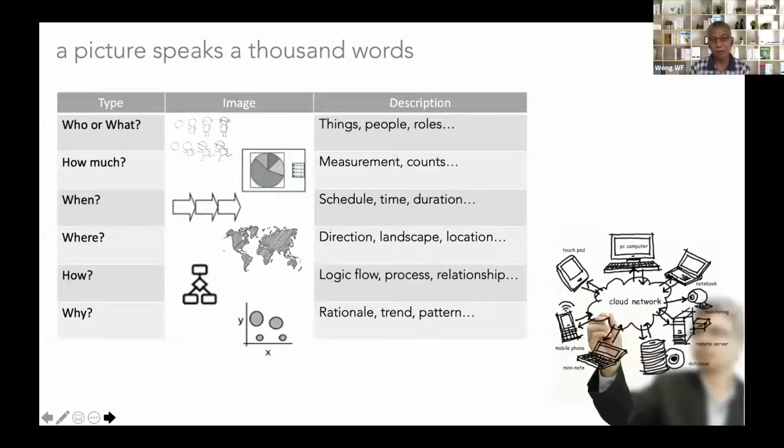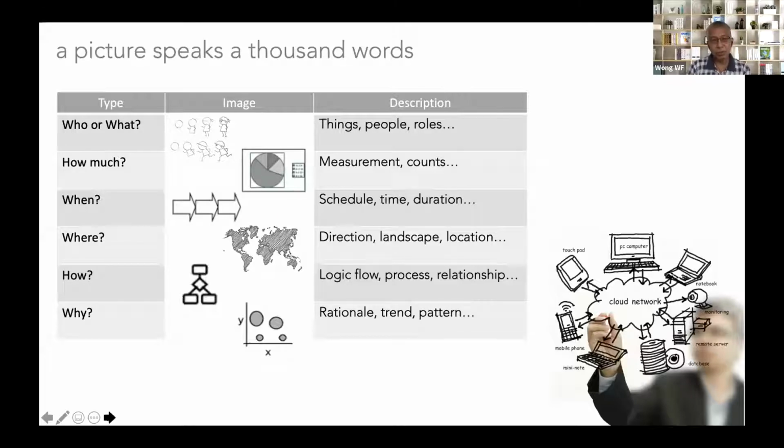Or how much, for example, measurement, count. This is typically used by researchers because you use pie charts, a lot of line charts, bar charts, and so on. When, basically, it's an arrow thing, or it could be a timeline from left to right, or from top to bottom. So it's more for the schedule, time, duration.